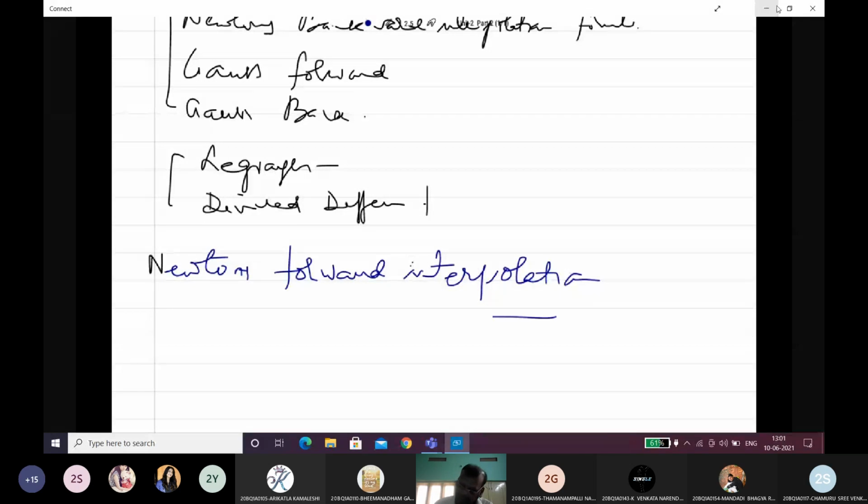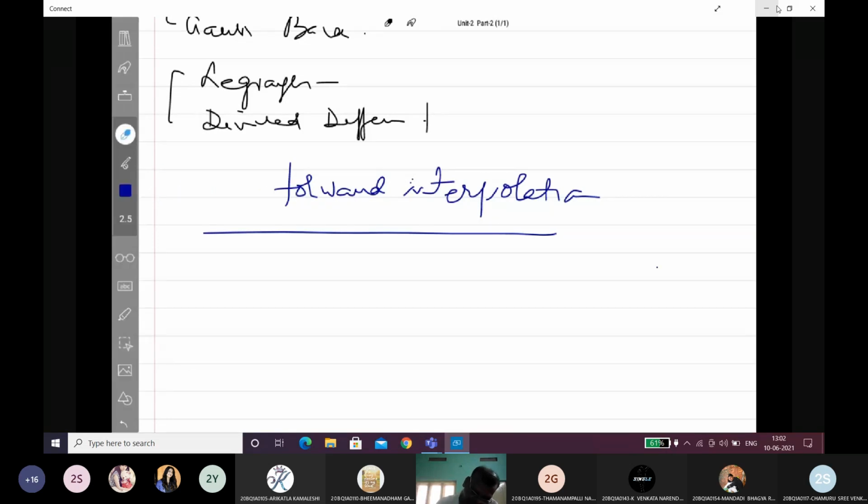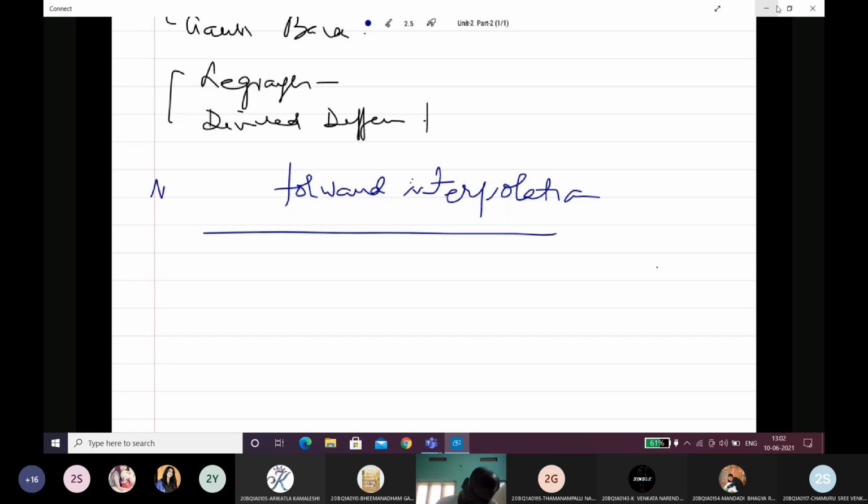Or Gregory's. Newton's Gregory forward interpolation formula, like this.